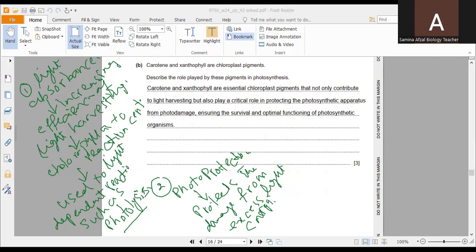When the light energy absorbed by chlorophyll exceeds what can be used, it can lead to the formation of harmful reactive oxygen species.